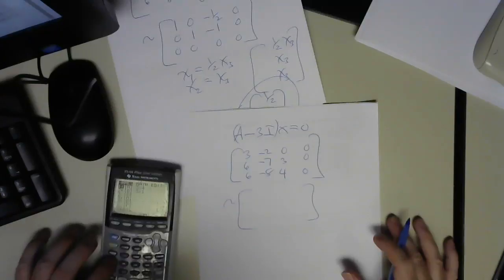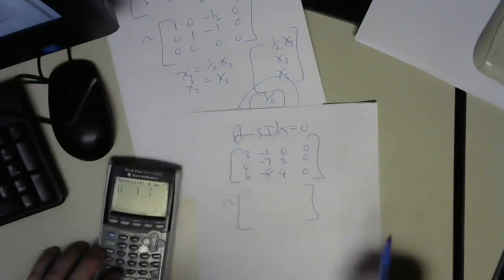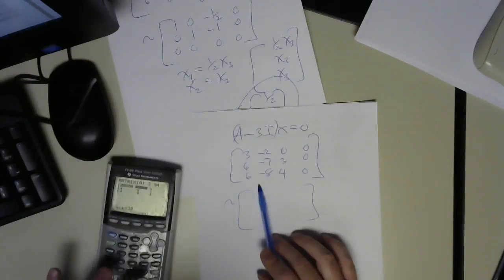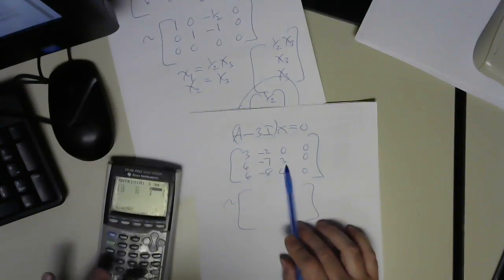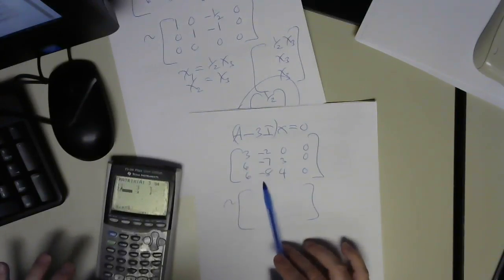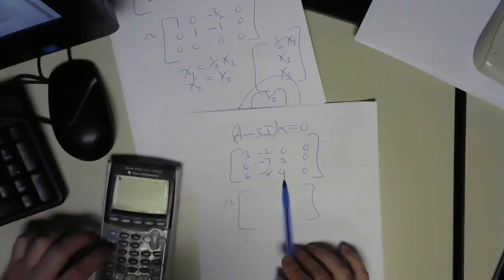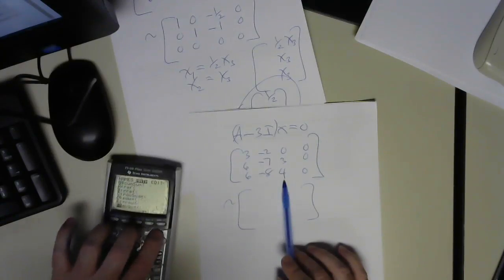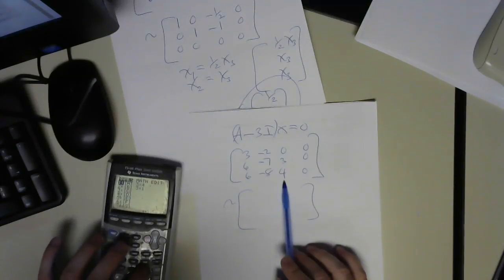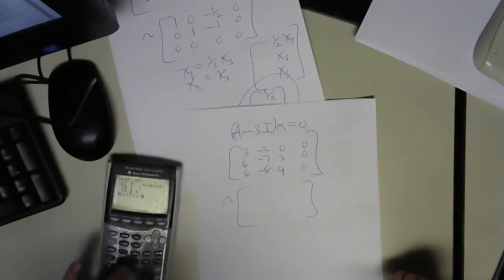That'll give us our second eigenvalue, or I should say eigenvector. All right, so this is what I get.